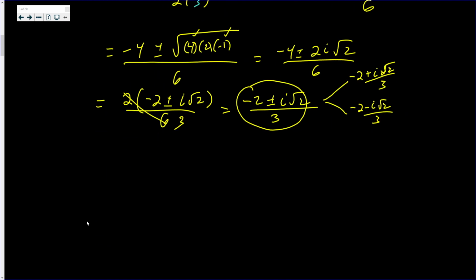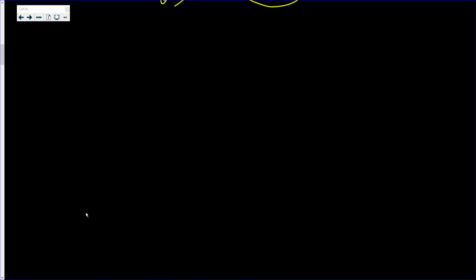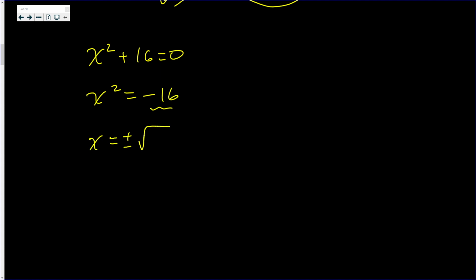Now, suppose you were given the polynomial x squared plus 16 equal to 0. That means that x squared is negative 16. And after all, that's what you add 16 to get 0. So x must be plus or minus the square root of negative 16, which is plus or minus the square root of 16 times negative 1.